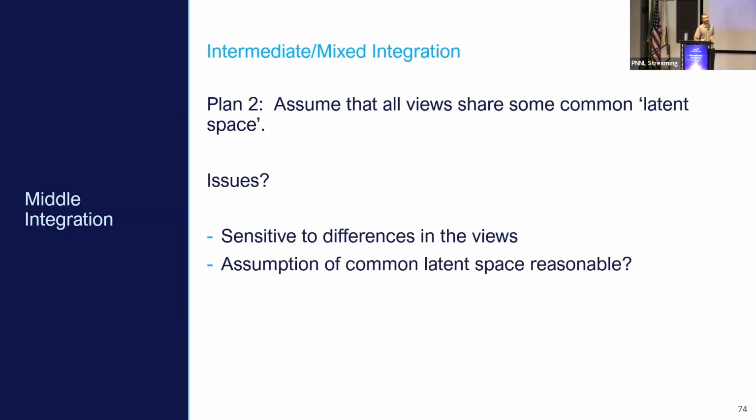Okay, I always go over some of the issues for these. Like I said, a little bit sensitive to the differences in the views. And is this assumption they've made, that all your data lives in this weird hidden representation, a reasonable assumption? Again, that's something for domain experts to decide before they start doing these analyses.